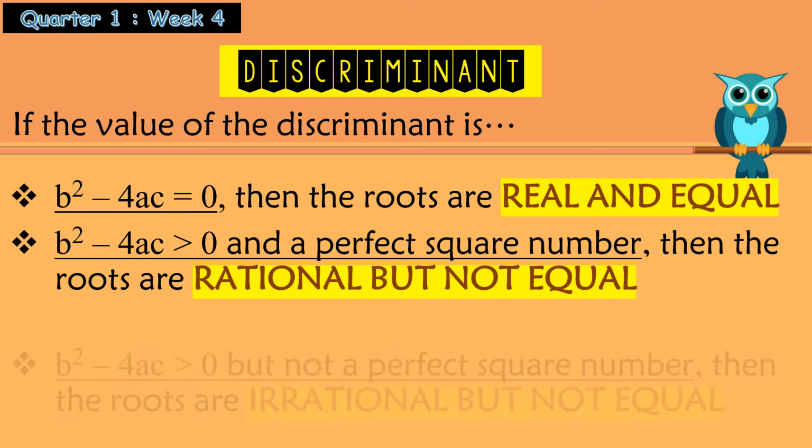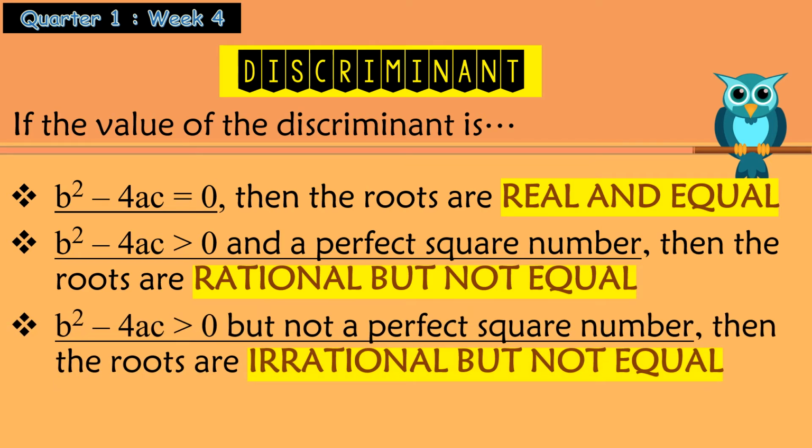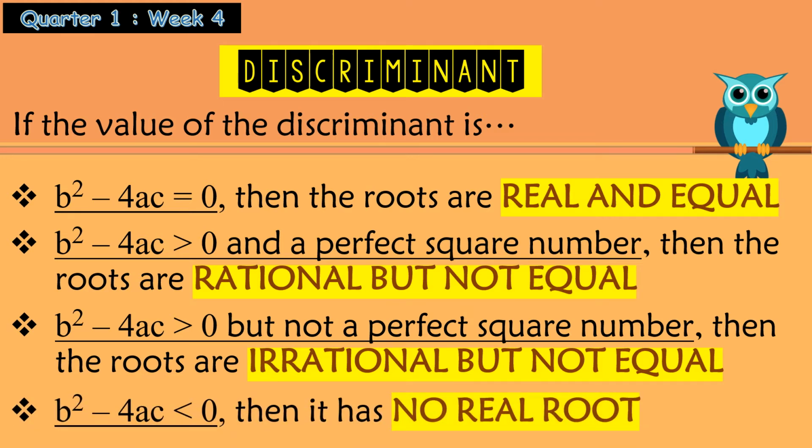If the value of the discriminant is greater than 0 but not a perfect square number, then the roots are irrational but not equal. And the last condition is that if the value of our discriminant is less than 0, then it has no real root.